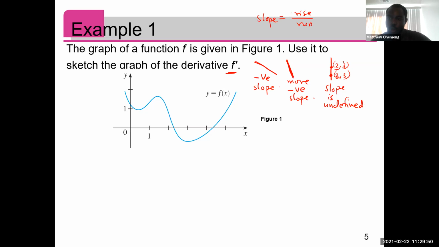No, sorry, not 2, 3, 2, 4. The y has moved up, right? So let's say one point, so 2, 4. So the x coordinate remains the same, but the y changes. So if you're doing rise over run, the rise will be a difference in y, which will be, say, a number, right? A number. But then the run will be a change in the x. Since the x's are the same, you always get 0. So you have undefined. So that's just a recap, right?